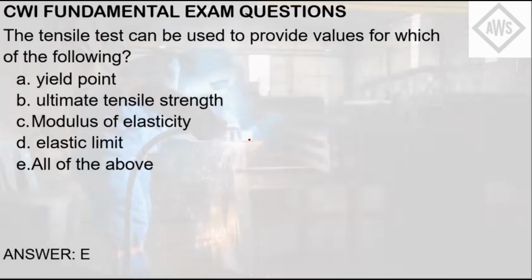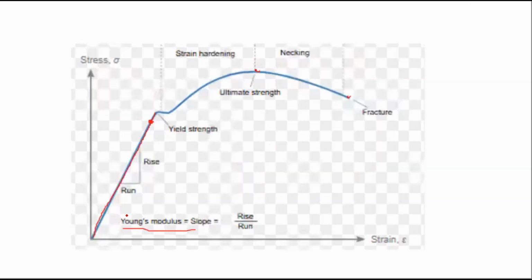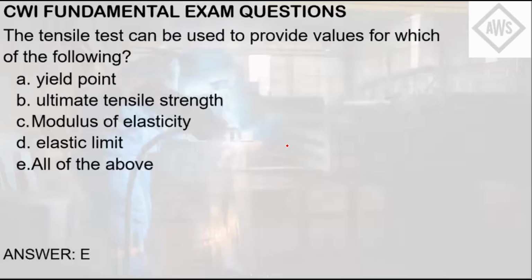All of these points can be determined in a tensile test because the material will undergo this entire stress-strain diagram process, because the tensile test will ultimately break the material up to fracture. So the answer here is letter E, all of the above.